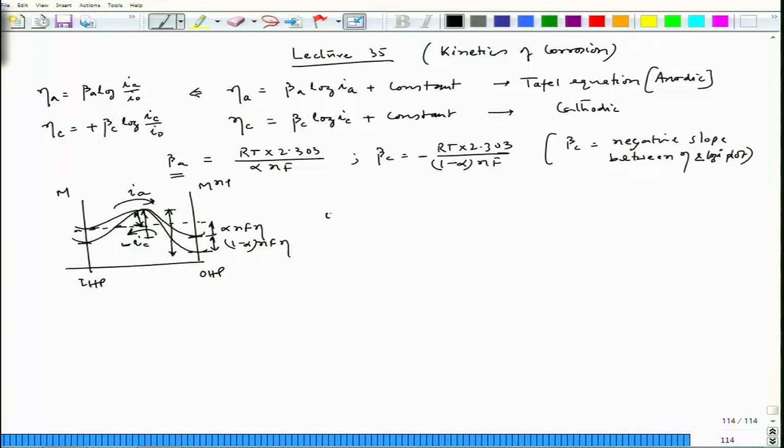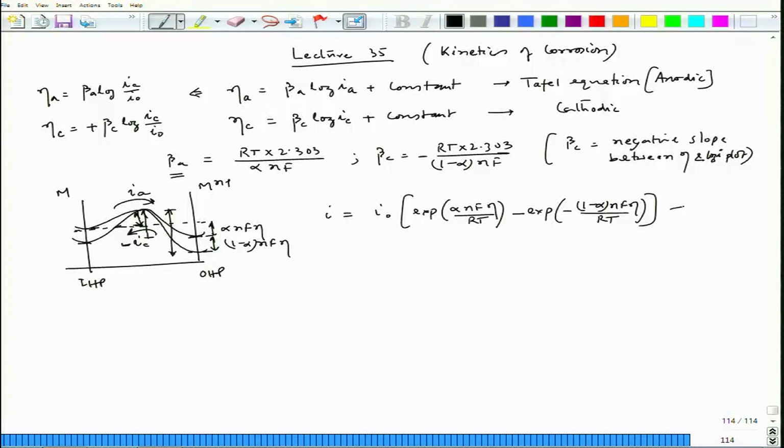Then we get an equation of this sort, which is I0 exponential alpha nF eta by RT minus exponential minus 1 minus alpha nF eta by RT. With this consideration we get to the equation we proved in the last lecture.